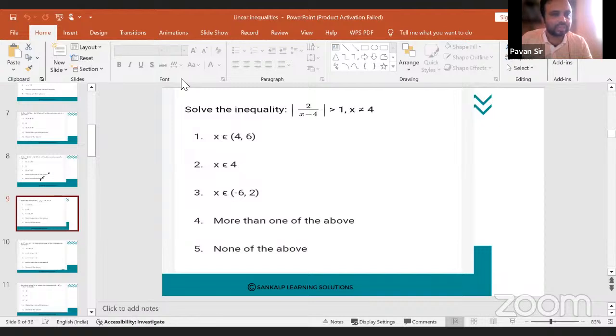Solve the inequality: mod of 2 upon x minus 4 is greater than 1, where x should not be equal to 4. Option A is x belongs to 4 and 4 comma 6. Option B is x belongs to 4. Option C is x belongs to minus 6 and 2. Option D is more than 1, and then none of the above.